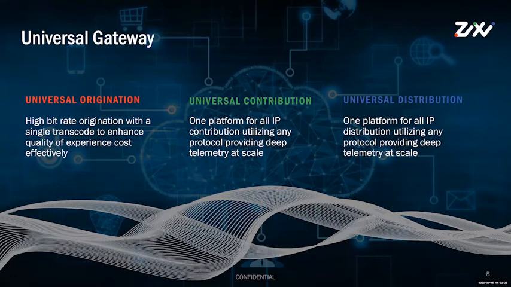And you don't really care whether it's coming in over fiber or internet or 5G or 4G or wherever it's going to come from. You don't care if it's a Zixi protocol, the SRT protocol, or any other protocol. You're pulling it all in and can protocol switch and manage all that and have a control plane to give you that complete visualization and understanding of what's going on through the whole workflow for all that contribution.